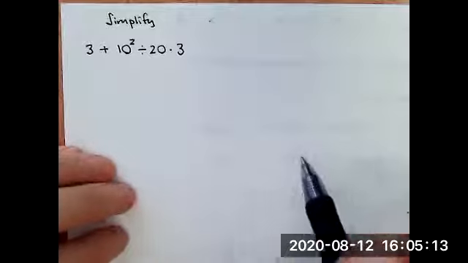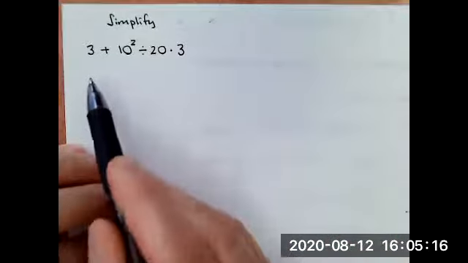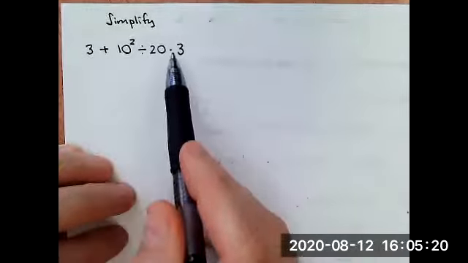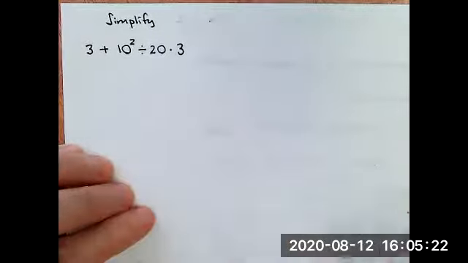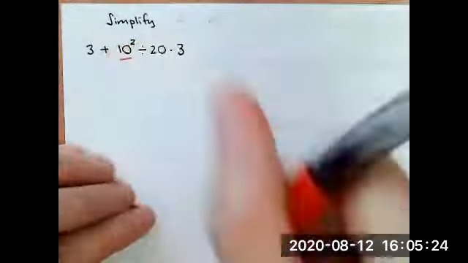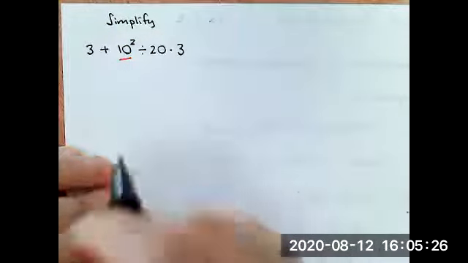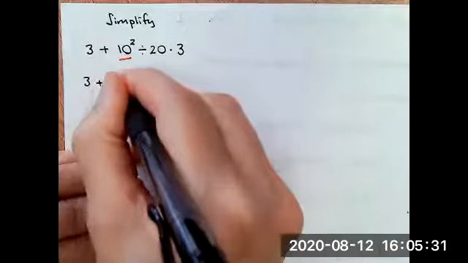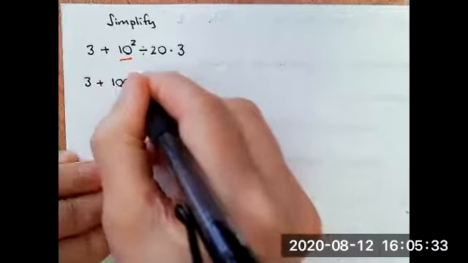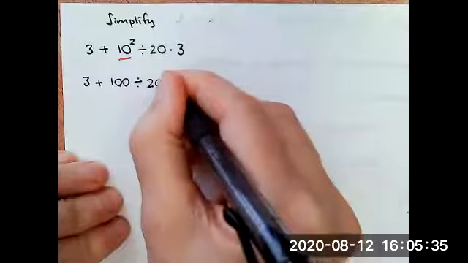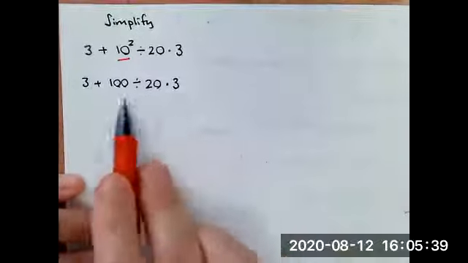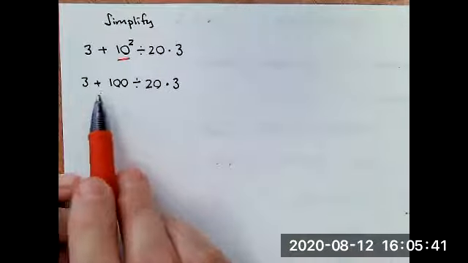Let's try another one. So we have addition and exponent, division, multiplication. We'll do the exponent first. 10 squared is 10 times 10. So that's going to be 100. And then we do the multiply and divide before adding or subtracting.